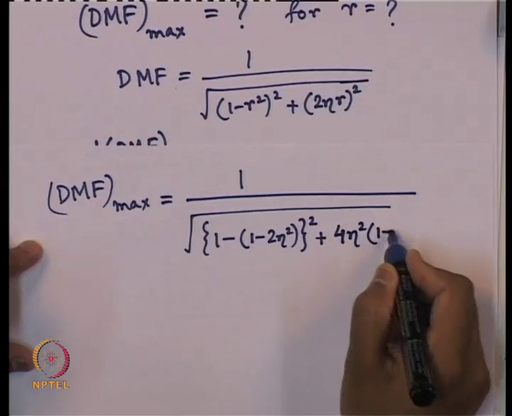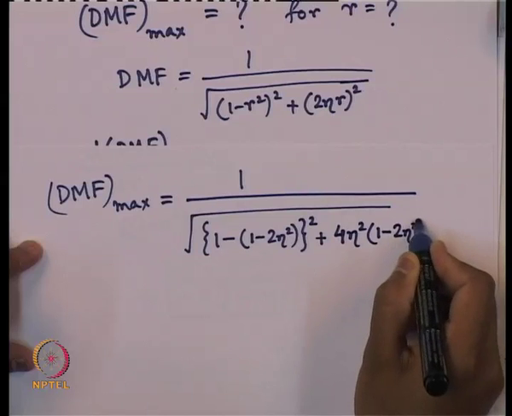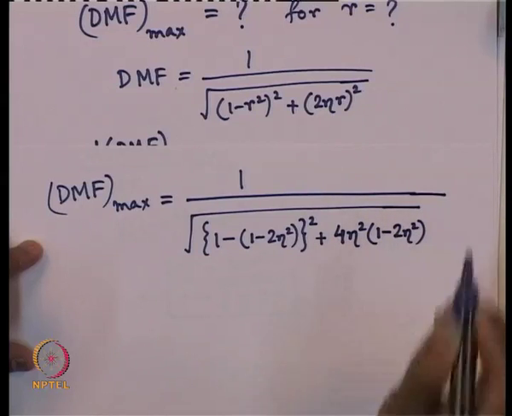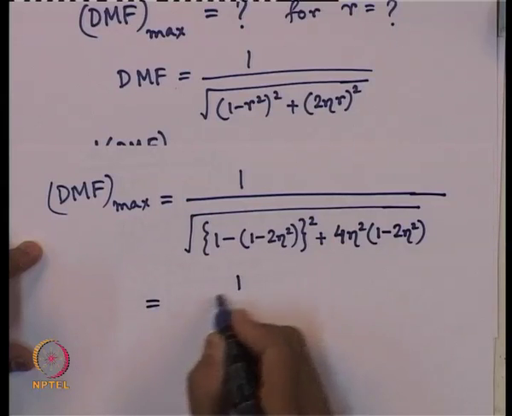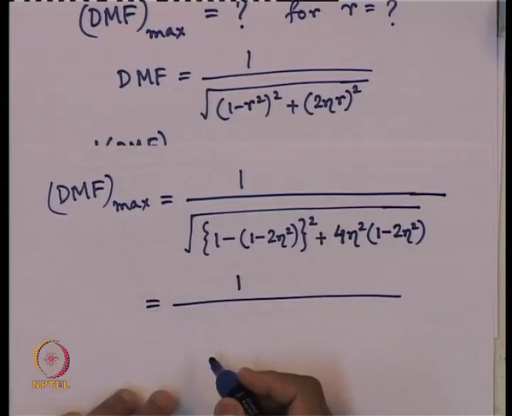So, r square is now 1 minus 2 eta square. I put r square as 1 minus 2 eta square in both places.